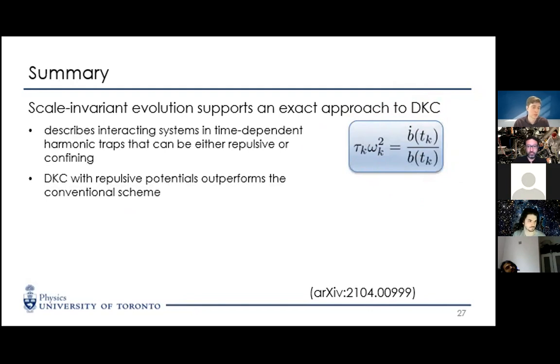This describes Deltakick cooling in a broader class of cases. It describes it in interacting systems in arbitrary time-dependent harmonic traps that can either be repulsive or confining. And we've shown that when we include repulsive potentials, the Deltakick cooling protocol outperforms the conventional one.